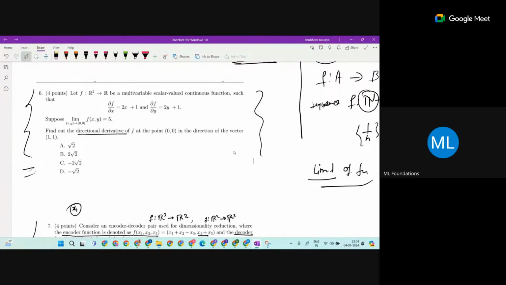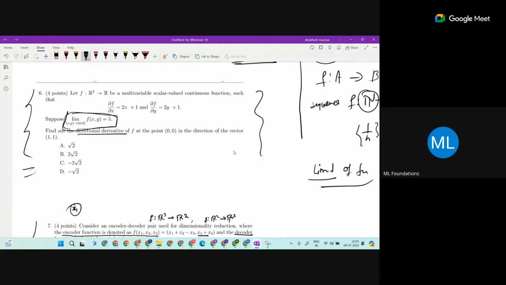Because this limit is given. What is the use of this limit? That it will be differentiable at (0, 0). But there is no such word used here, right? The differentiability. The word continuity is used.